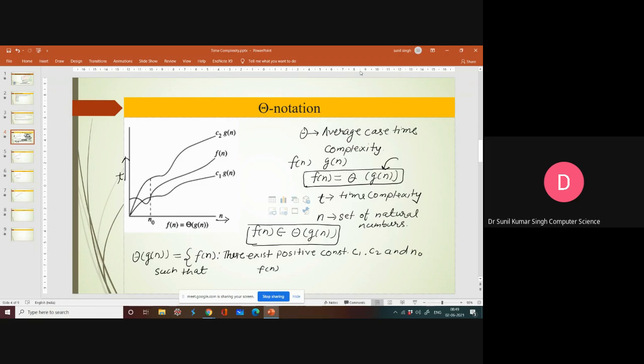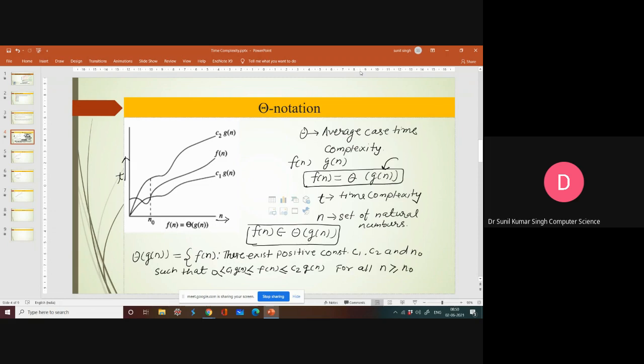f(n) is less than or equal to C2 g(n), greater than or equal to C1 g(n), and it is greater than or equal to 0 for all n greater than or equal to n naught.